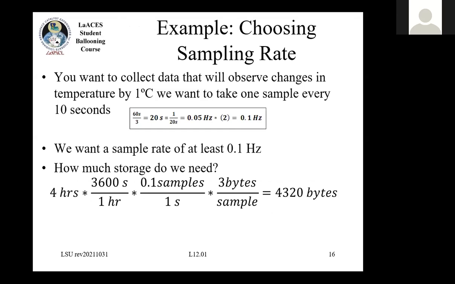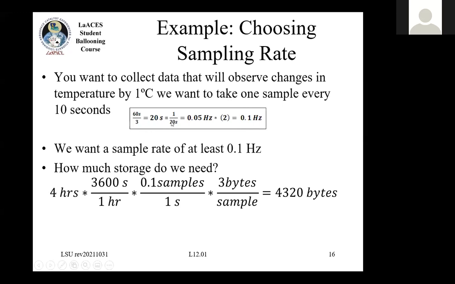All right, so first, let's start at the sampling rate. We said we wanted to see 1 degree per change. And we also said it's going to change 3 degrees a minute, which is also 1 degree every 20 seconds. If I divide 1 minute by 3, that gives me 20 seconds.